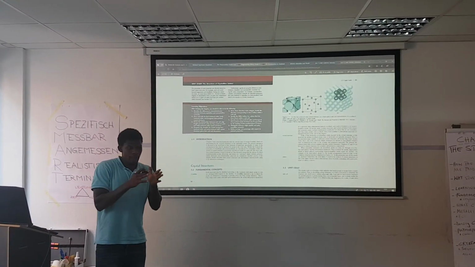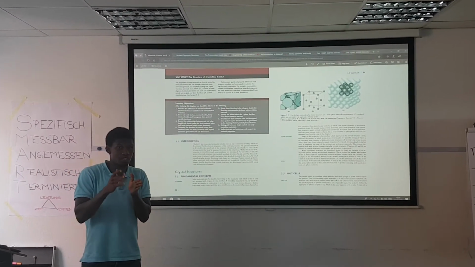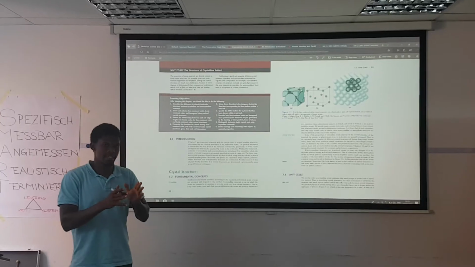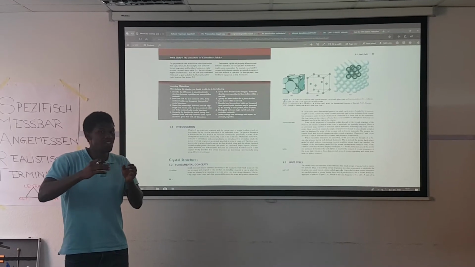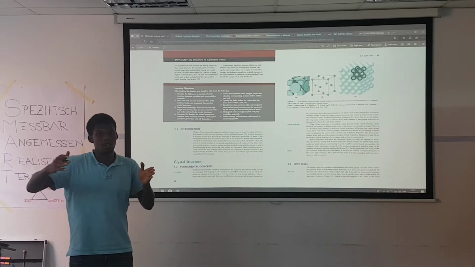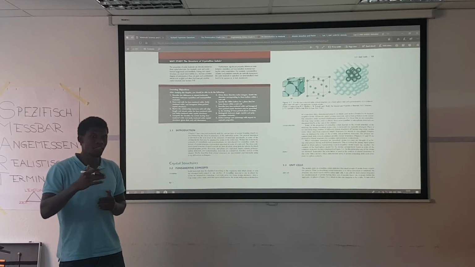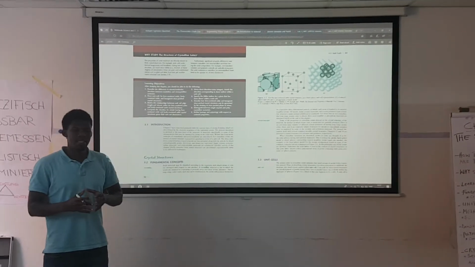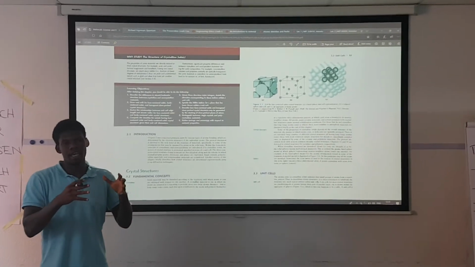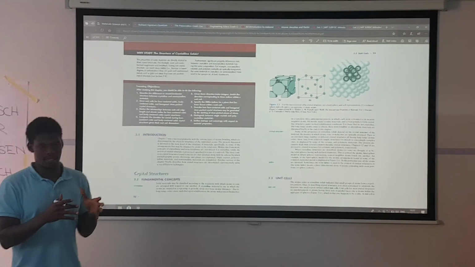Crystalline materials are materials in which the atoms are arranged in a repetitive order over a long range, whereas in non-crystalline materials the atoms are randomly arranged within the material.